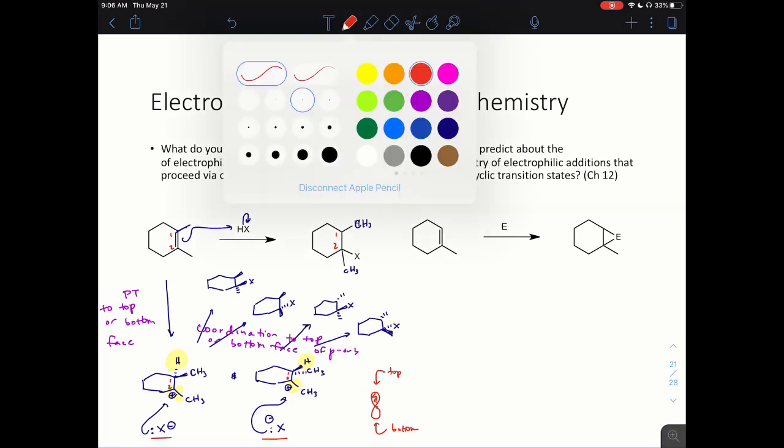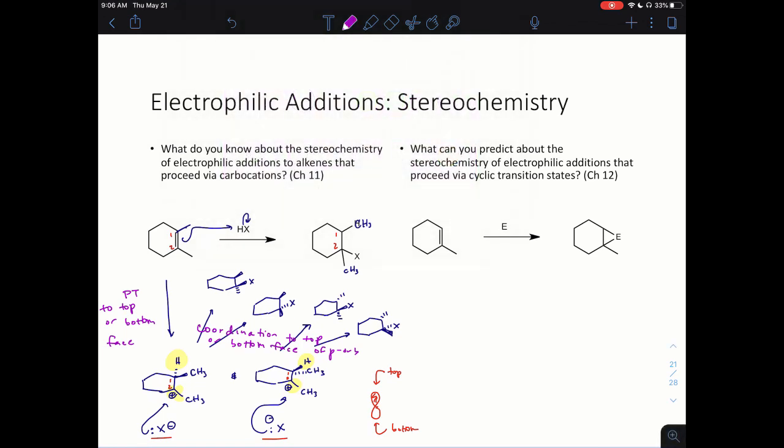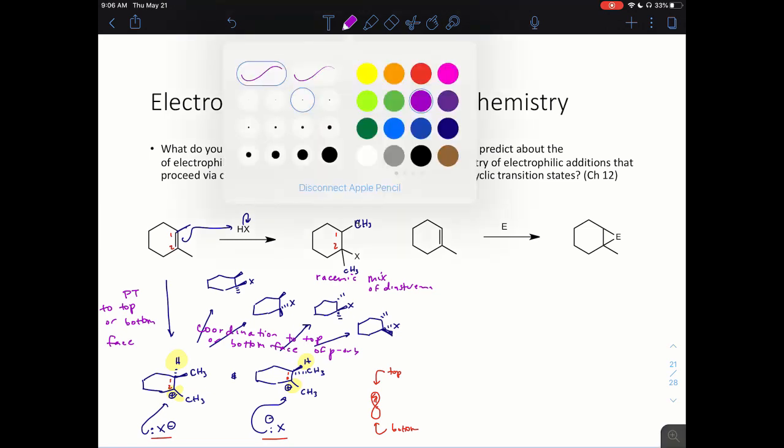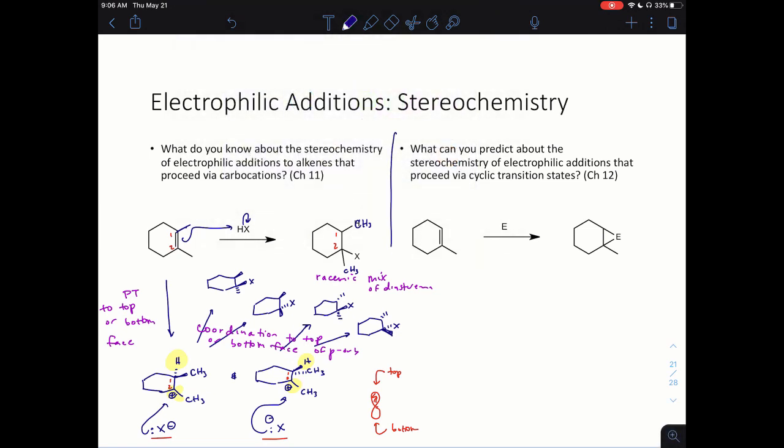So those 4 stereoisomers represent a racemic mixture of diastereomers of the product. So I would not at all call this stereoselective, it is not stereospecific, it's a mess. So that's the electrophilic addition reactions that proceed by carbocations.